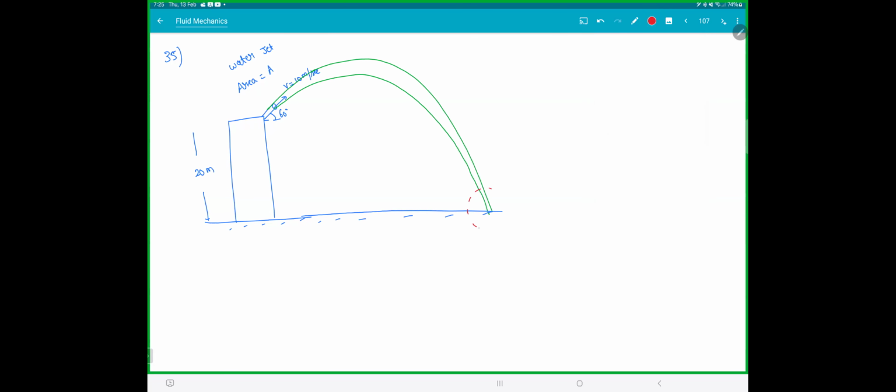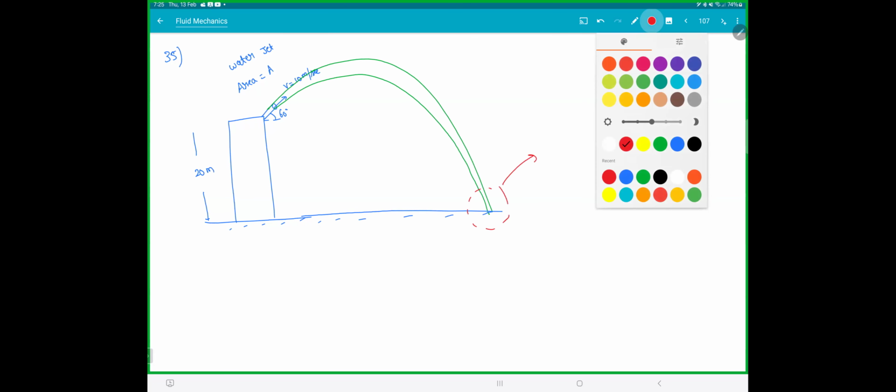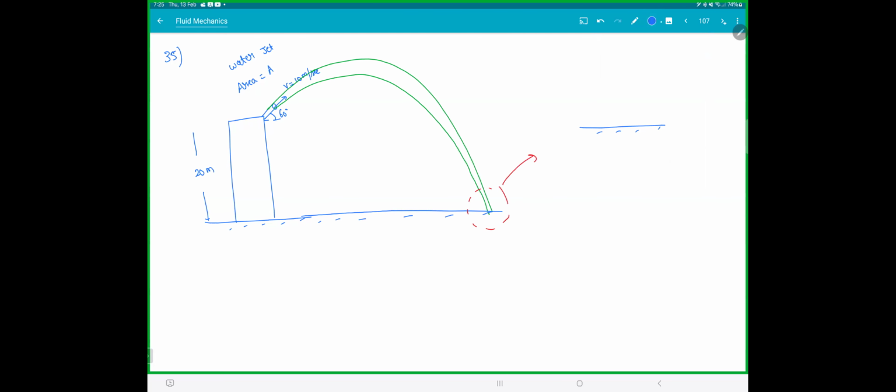If you look at this FBD here, when this water jet comes and hits the floor like this, this is the area where the water jet hits the floor. Let's call it A dash.